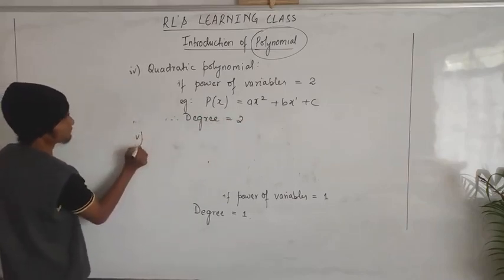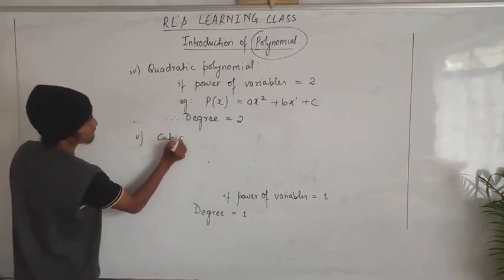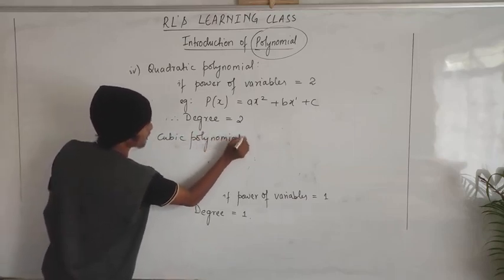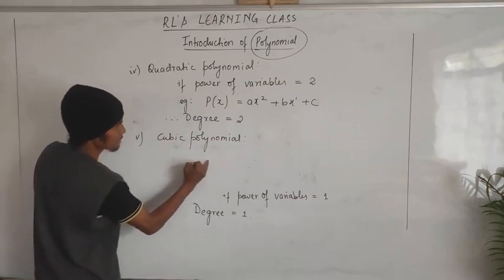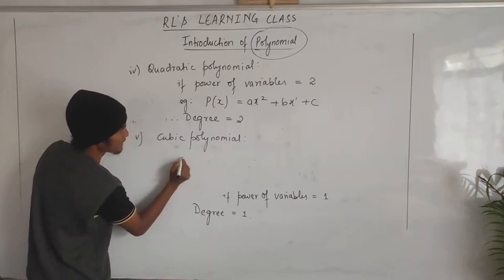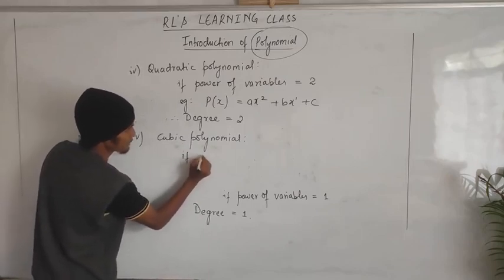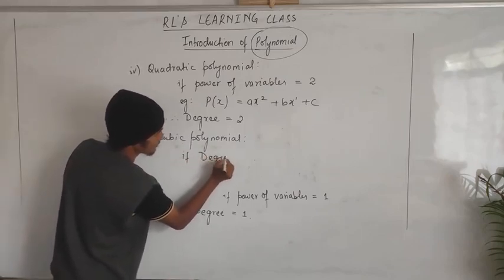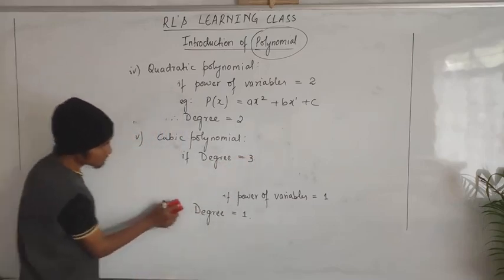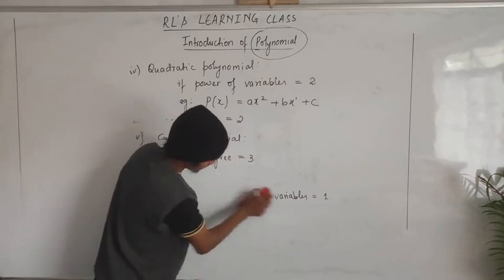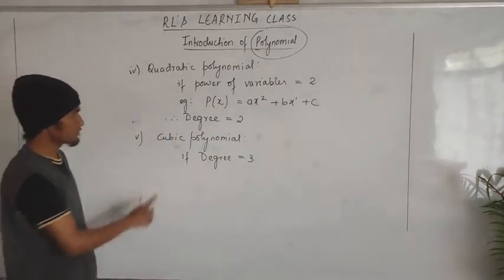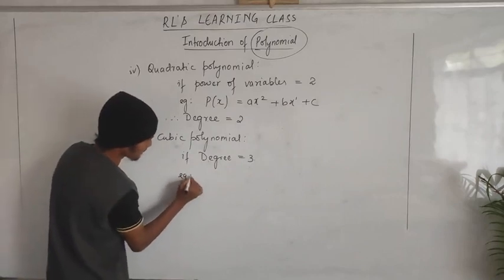Then number 5. Cubic polynomial. Then this will be, if the power of variable will be 3. That is, okay, I'll write that way. If degree is equal to 3. Okay, I'll give an example.